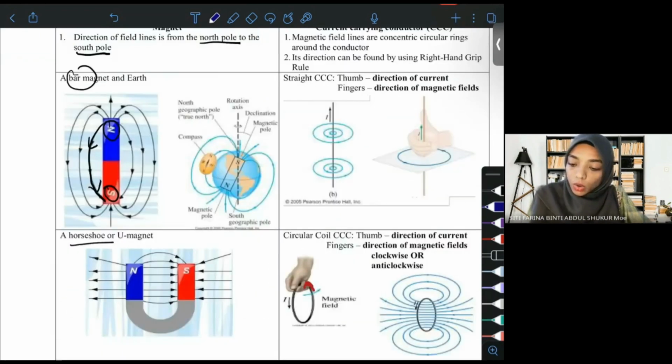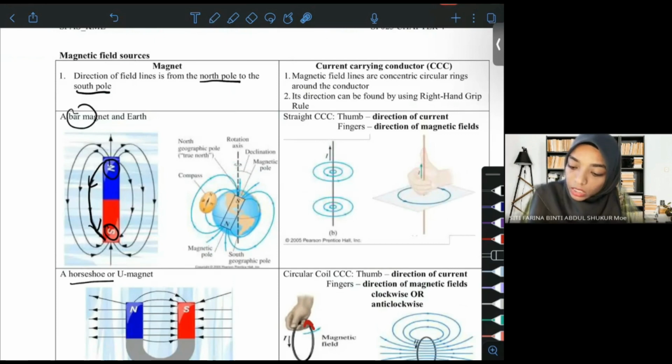Where your magnetic field are concentric circular rings around the conductor. Okay, dia adalah concentric circular rings di sekeliling kita punya conductor.